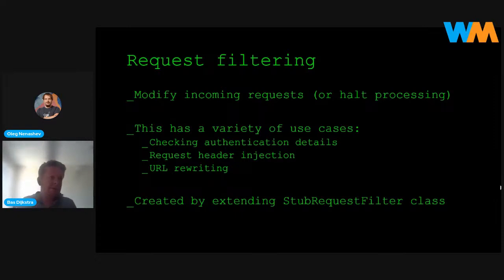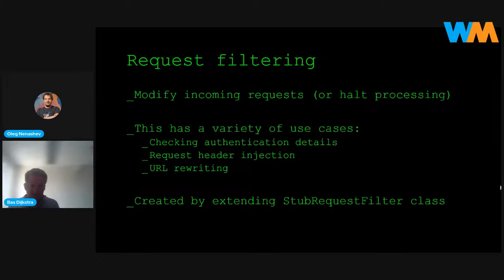They are classes, filters for your requests, which means that all of the requests that arrive at the WireMock server are first pulled through that filter, checked for specific properties, and if they meet those properties, or not meet those properties, then either you can tell WireMock to just continue the processing and see if there's an actual mapping definition, an actual stub definition for that incoming request, or you can stop processing altogether and just return a predefined response.